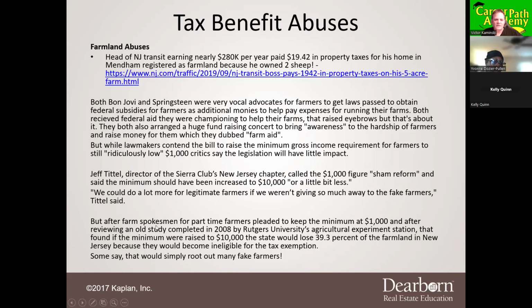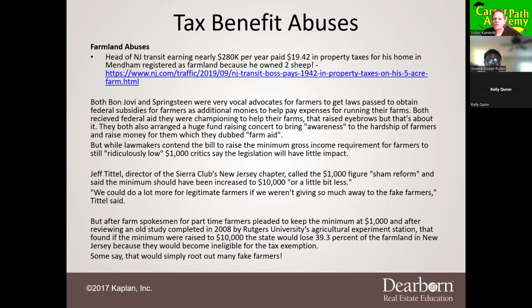So a spokesman for those part-time fake farmers pleaded to keep the minimum at only $1,000, after reviewing an old 2008 study by the Rutgers Agricultural Experiment Station in New Brunswick, which found that if the minimum were raised to $10,000, the state would lose about 39.3% of its farmland.